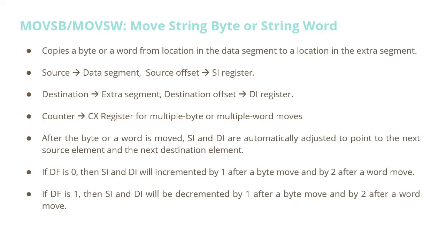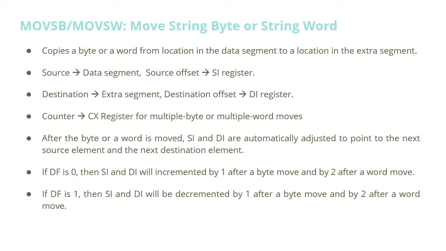The next instruction is the MOVSB or the MOVSW instruction, which is to move a string byte or a string word. Suppose a string of bytes is stored in a set of consecutive memory locations and it has to be moved to another set of destination locations. The starting byte of the source string is located in a memory location whose address can be computed using the DS register and SI register.